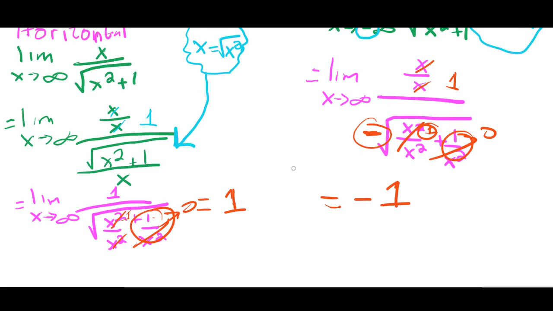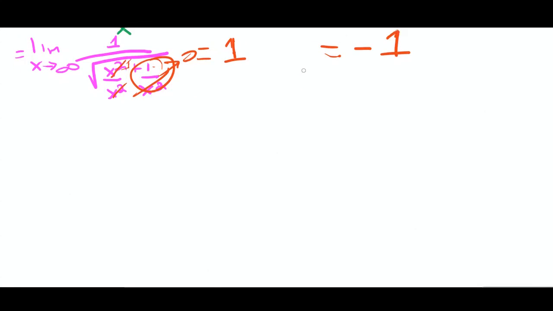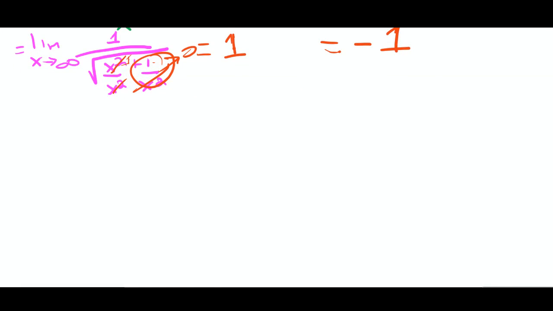So this function has 2 horizontal asymptotes.